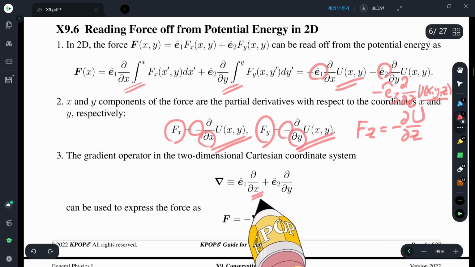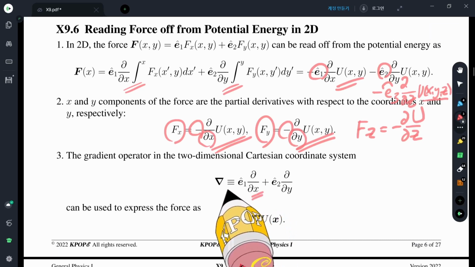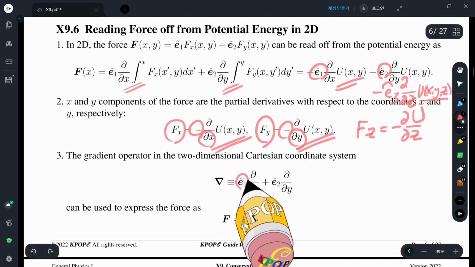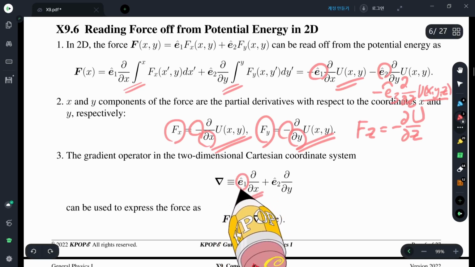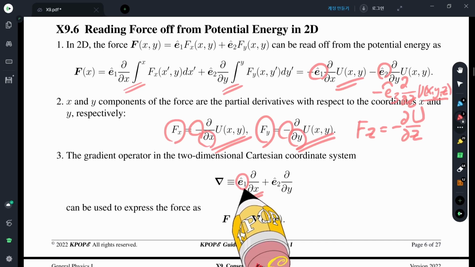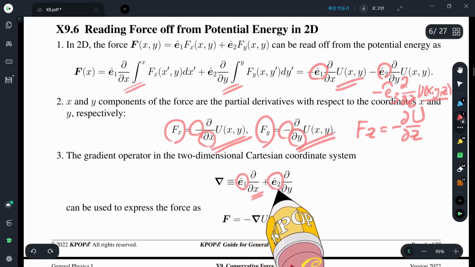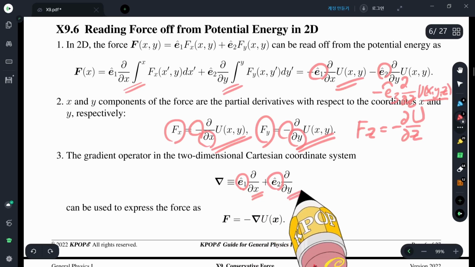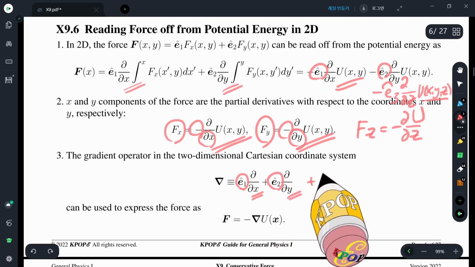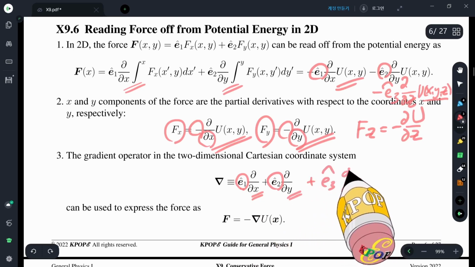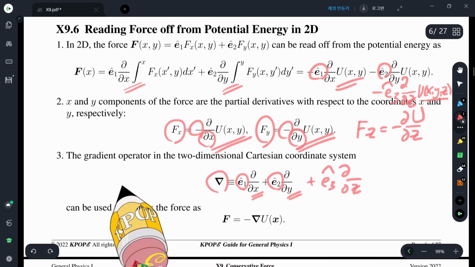The partial derivative is the component of each Cartesian basis. So the x component is the x derivative, the y component is the y partial derivative, and the z component is the z partial derivative. This is called the gradient.